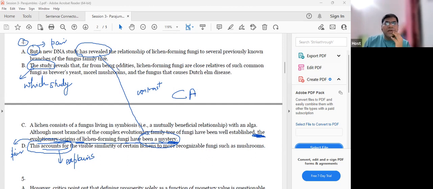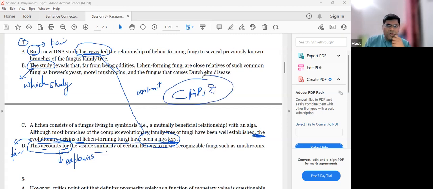But a new study has revealed the relationship between this and this. The study has revealed, and then you say what the study has revealed. The study reveals that lichen-forming fungi are close relatives of such common fungi as this and this. This accounts for the visible similarity.